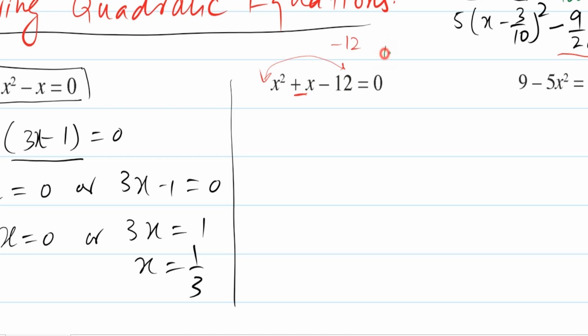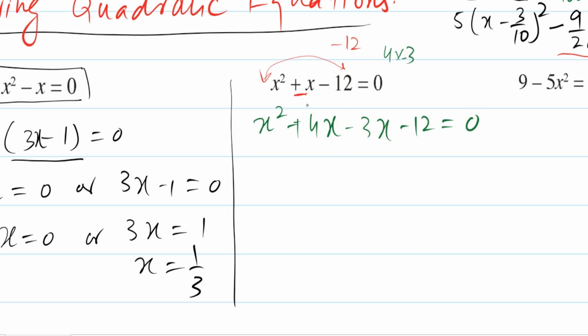So 4 times 3, actually 4 minus 3. 4 times minus 3 will be minus 12, and 4 minus 3 is 1. So that will become x squared plus 4x minus 3x minus 12 is equal to 0.